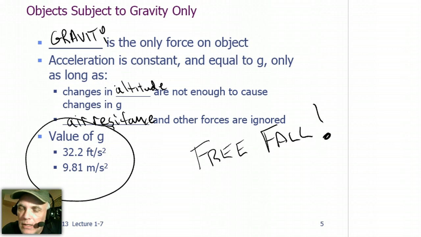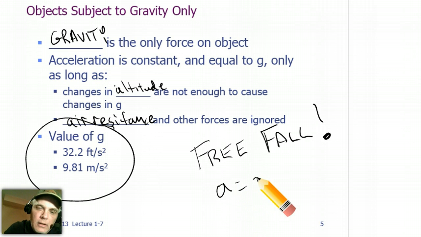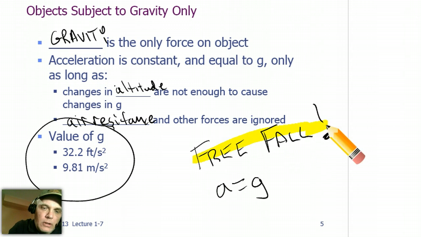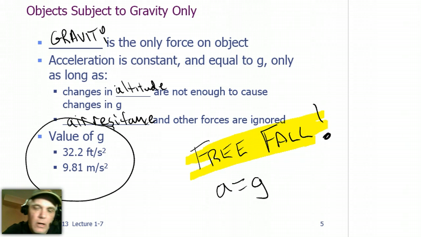Whether you're going sideways, up, down, or other forces are involved, the only time your acceleration is equal to g is if you're freely falling and you ignore air resistance and have small changes in altitude. So one more time, only during free fall.